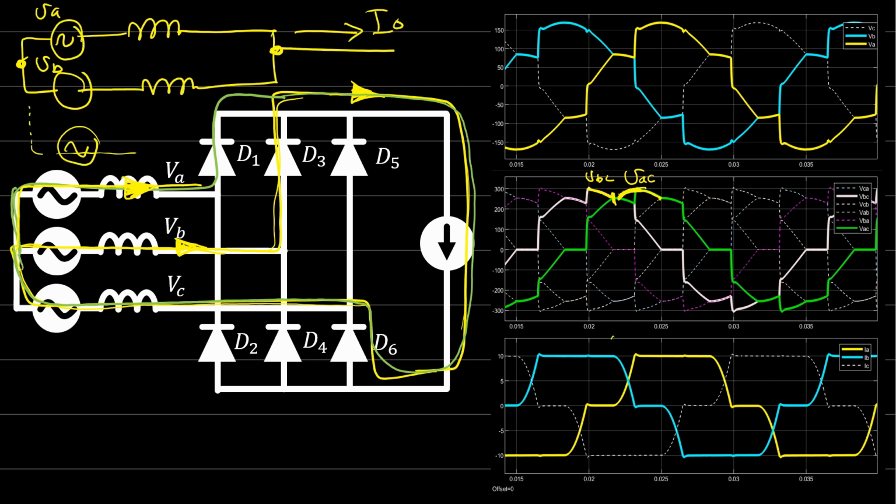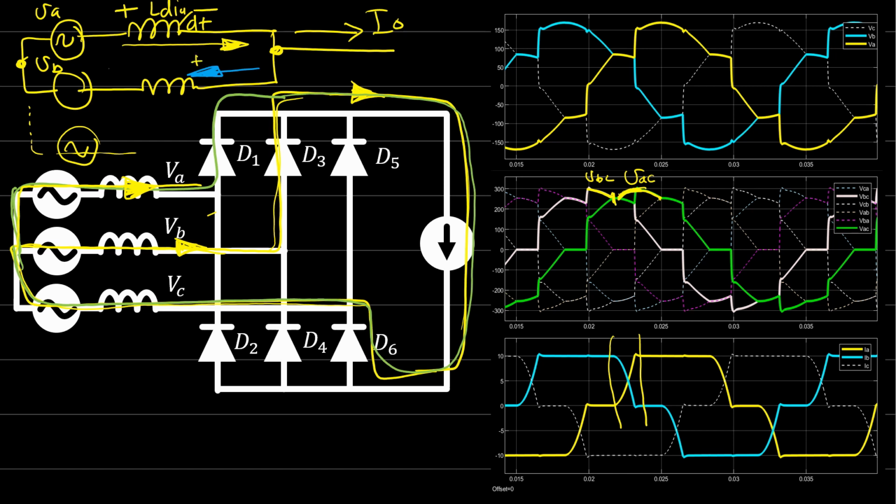Now during the commutation here, IA will start increasing and IB will start decreasing. When we say increasing, the polarity of the voltage across the inductor will be positive, L dIA by dt. And this will be decreasing, so this will be how much?